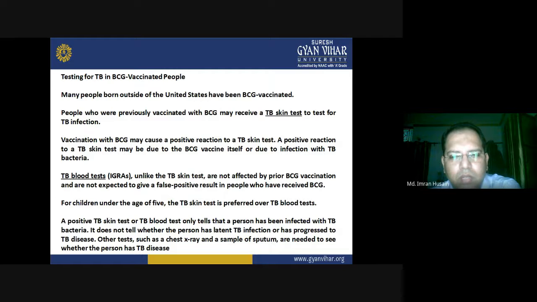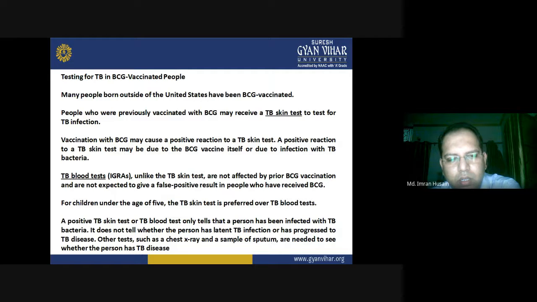For people who have received BCG, and for children under the age of 5, the TB skin test is preferred over TB blood tests. A positive TB skin test or TB blood test only tells that a person has been infected with TB bacteria.